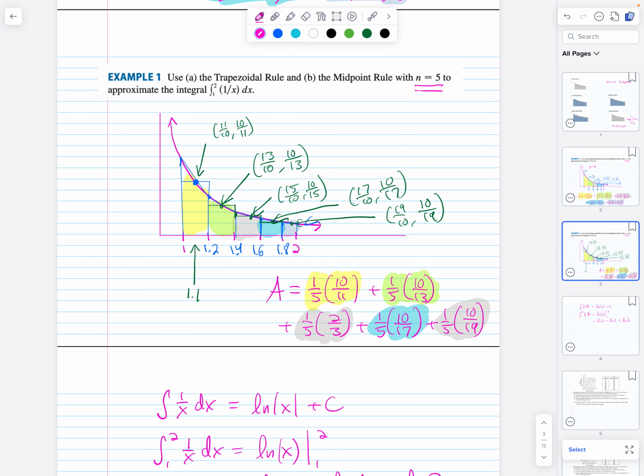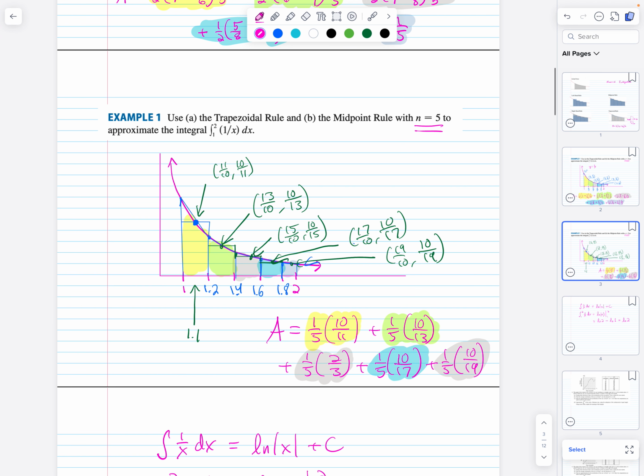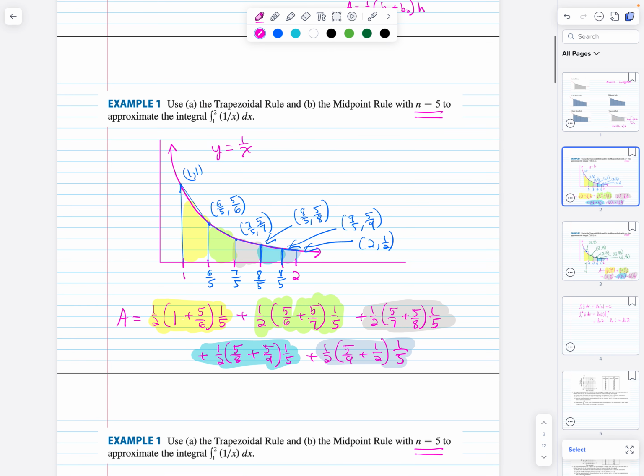Natural log of 2 is an irrational number. It literally cannot be expressed as a fraction with an integer on the top and an integer on the bottom. So what that means is these approximations we did, which would all eventually become one fraction with an integer on the top and an integer on the bottom, cannot be the exact area.